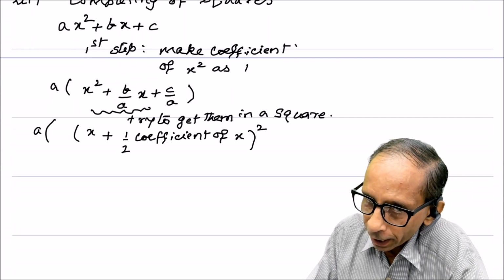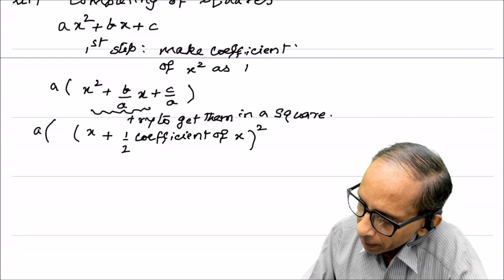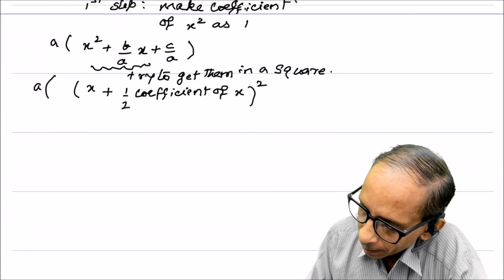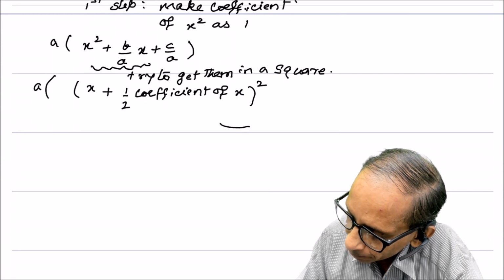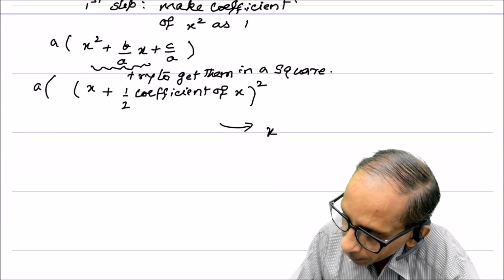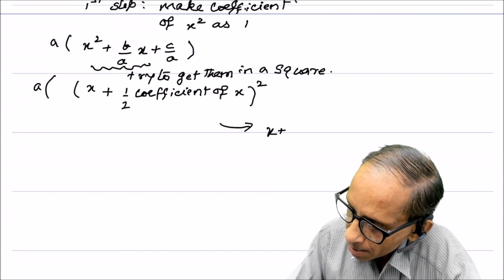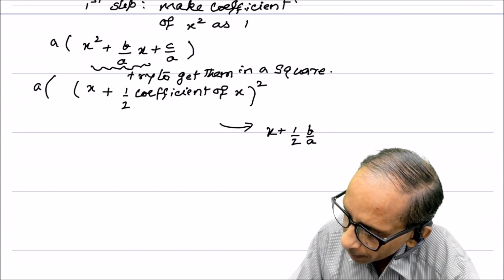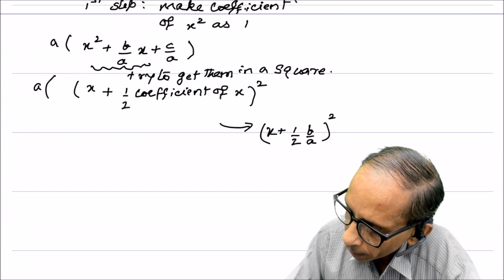This is what we attempt. And when we are attempting this, what is it that we are going to get? It is actually x plus half of b by a, the whole square.